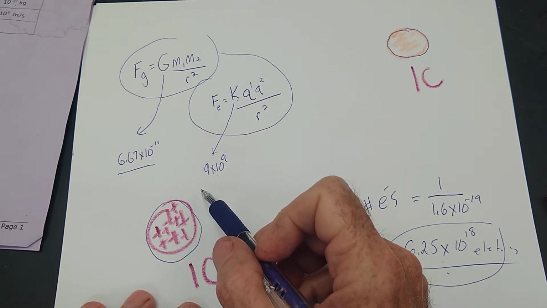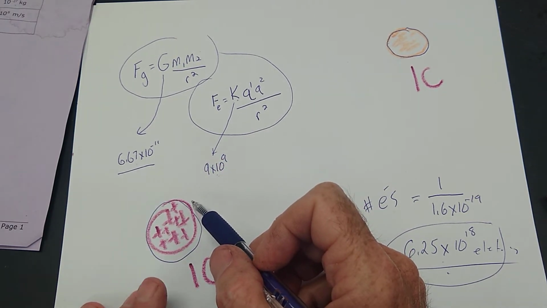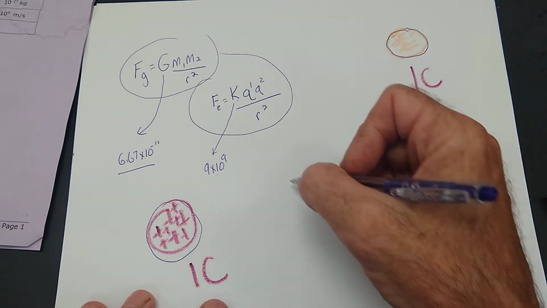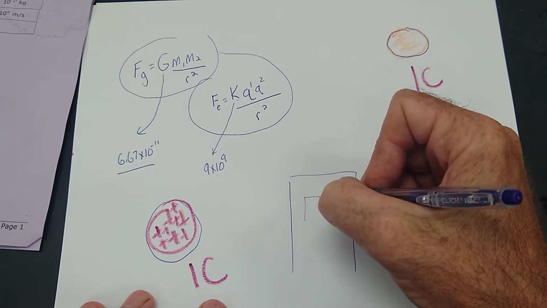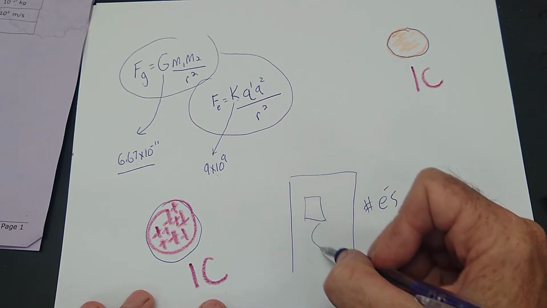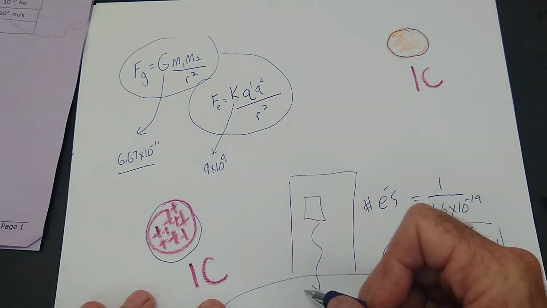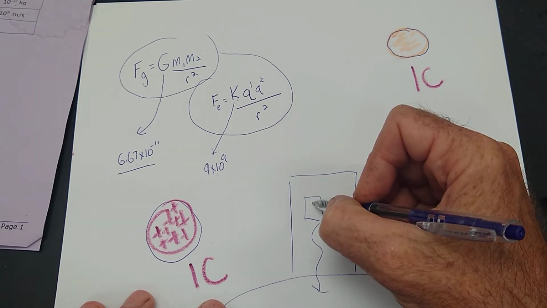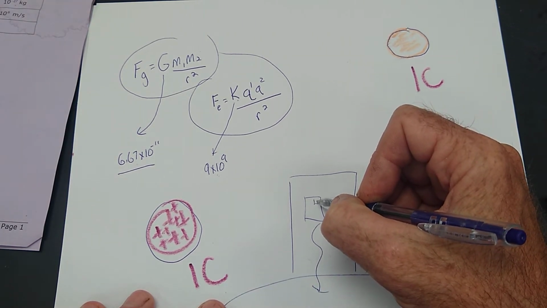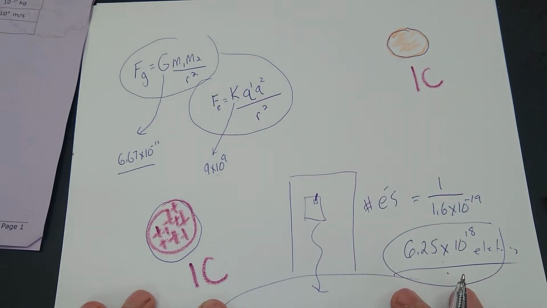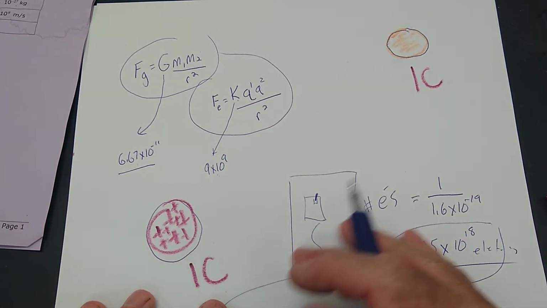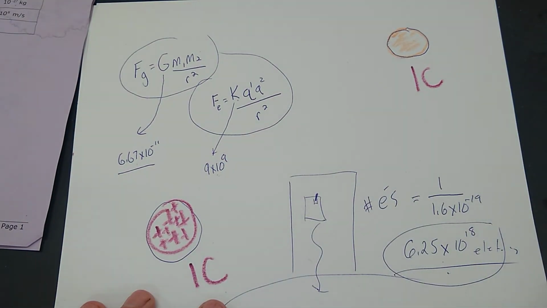And if you're like, well, gravity is huge because we're stuck to the earth, I would say this: if you have a piece of paper on a refrigerator, the earth is trying to pull it to the ground, right? And you can put one tiny little 5-cent magnet and stick it to the fridge and it won't fall. So electromagnetism is far, far stronger than gravity.